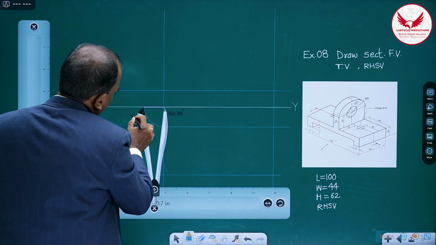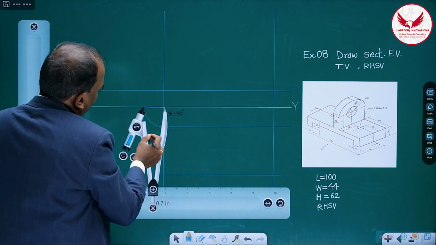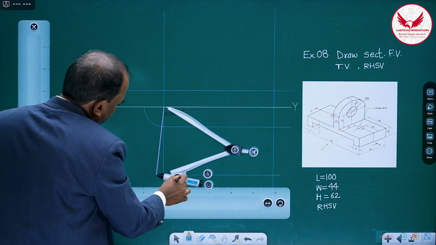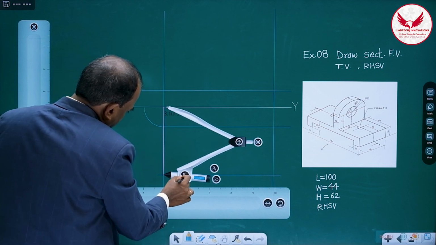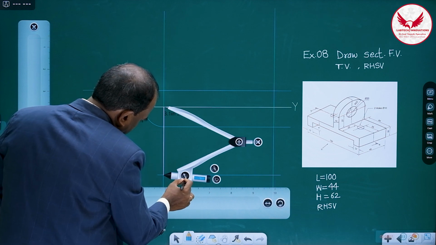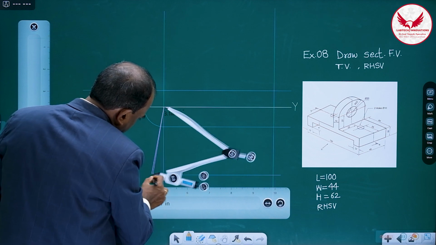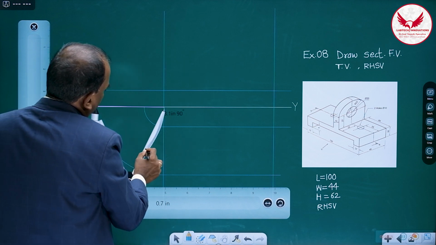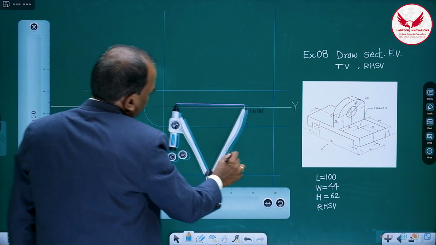It is also not wrong to use the 45-degree line, but my experience tells me this is much better. We have to rotate it through 90 degrees.